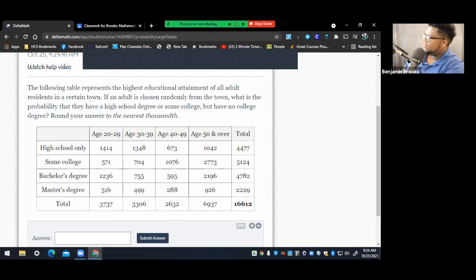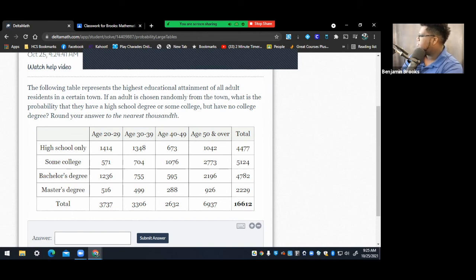All right. The following table represents the highest educational attainment of all adult residents in a certain town. If the adult is chosen randomly from the town, what is the probability that they have a high school degree or some college but have no college degree? All right. So it said if an adult at random from the town, okay.